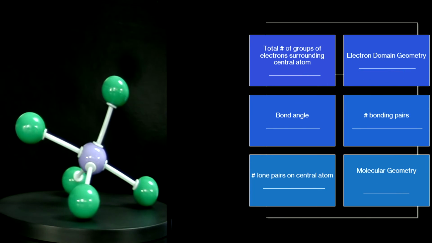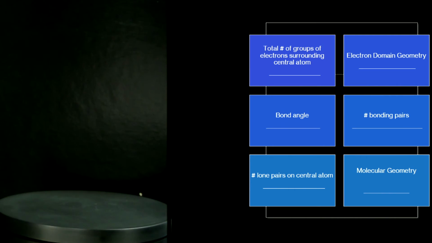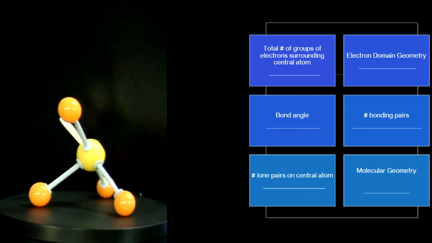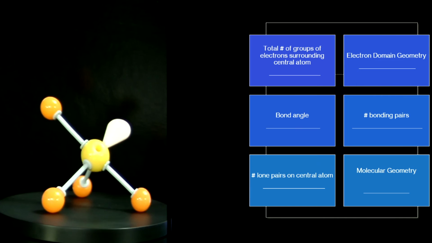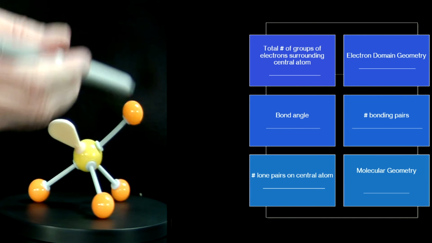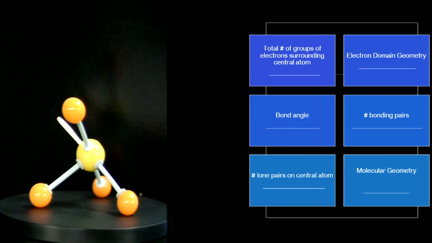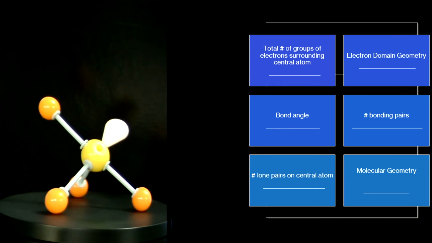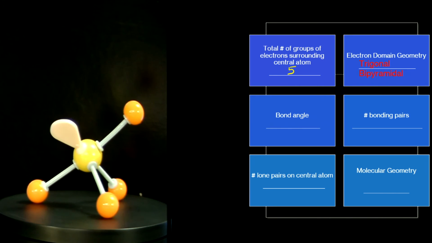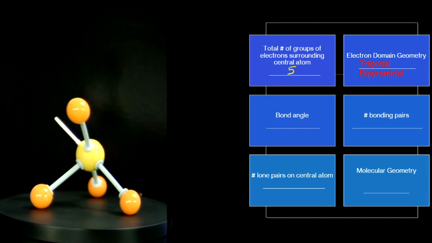So next I have SF4. So with SF4, I'll put up here on my turntable for you. We see on our central atom, we have 4 fluorines and we have 1 lone pair. So the total number of groups will be 5. Our electron domain geometry is trigonal bipyramidal.